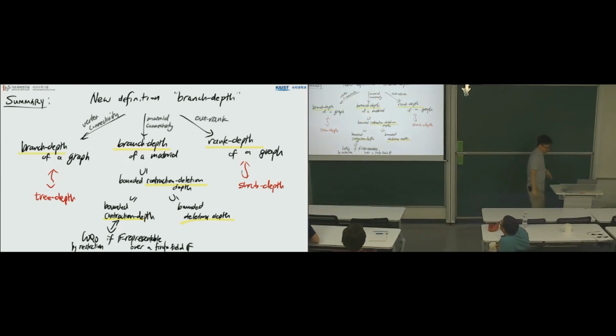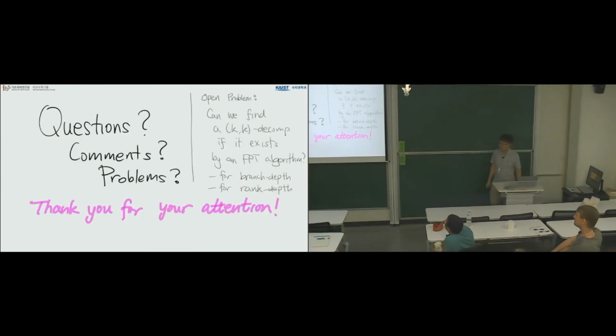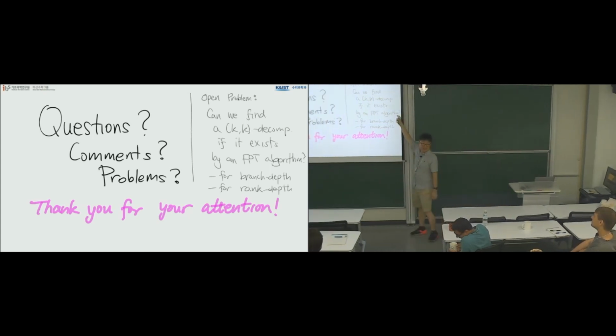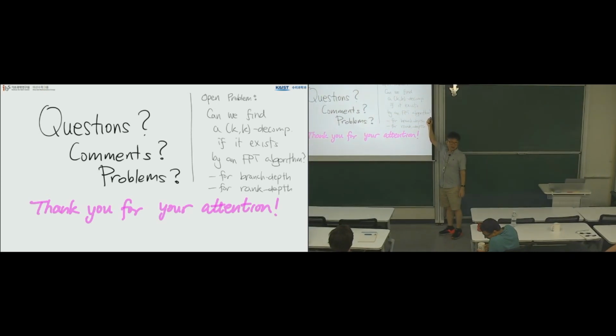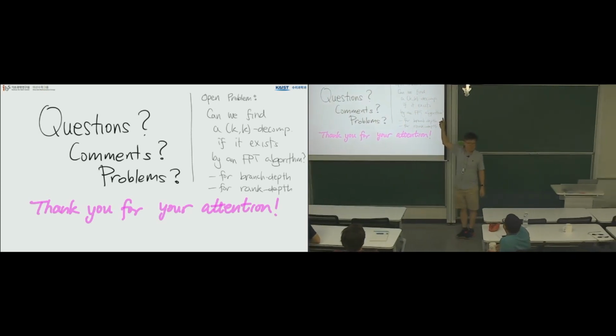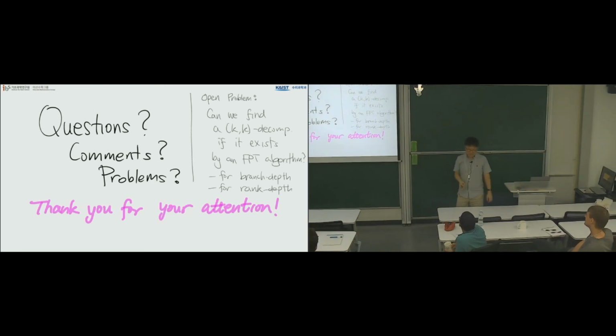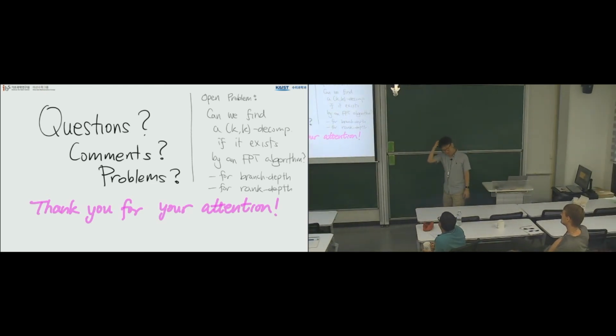So that's the summary. One open problem for this audience is: can you find the KKLM decomposition by an FPT algorithm? If it exists, I don't know whether we can. The existence of such a thing can be shown.